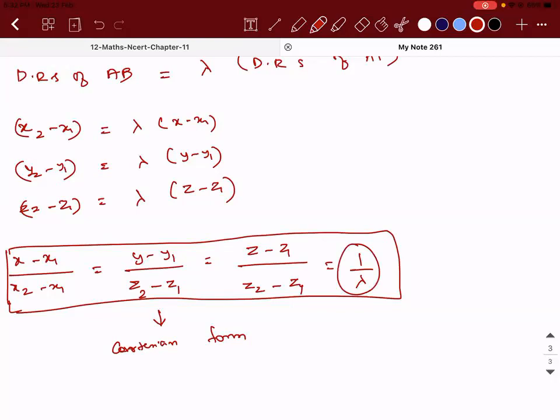We don't use it. Also it's y minus y1 by y2 minus y1, right, sir? I made a mistake. This is y2 minus y1, is equal to z minus z1 divided by z2 minus z1.